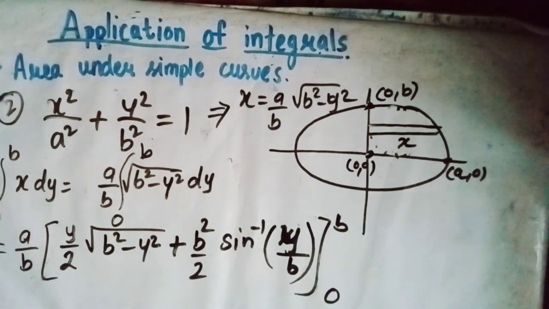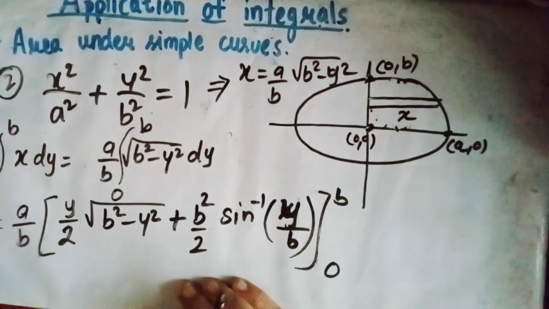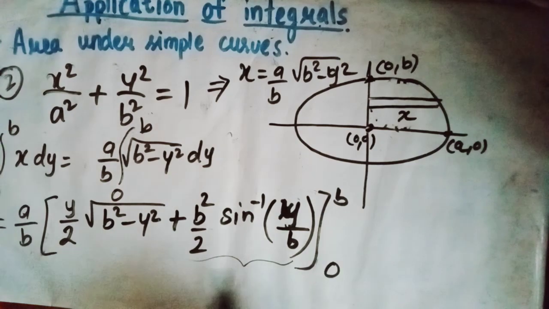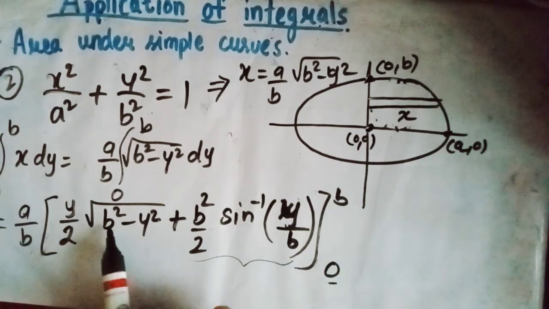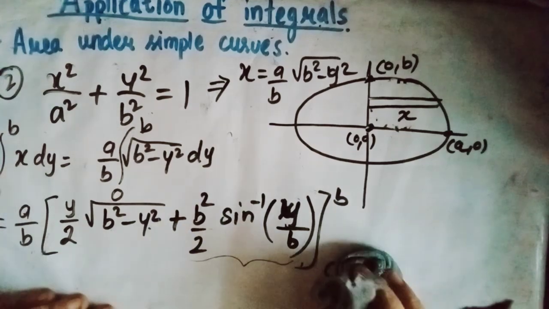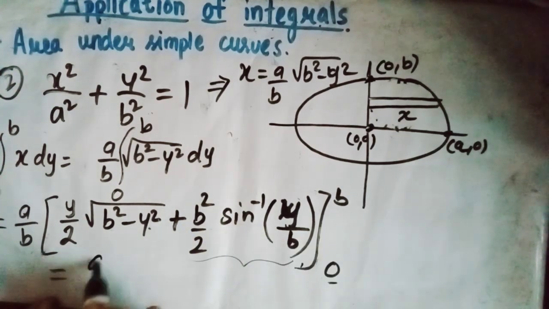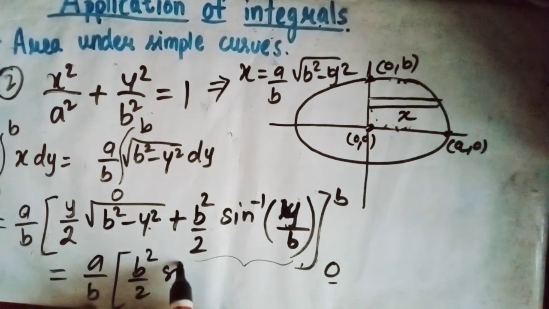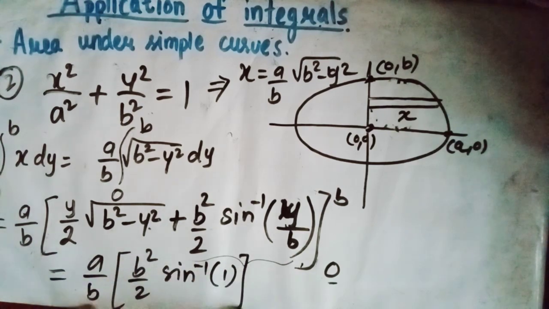Now you have to substitute the limits. In the previous one we got only this limit, and here also we will get only this limit, because the 0 part is 0 and when you substitute b in the first term, it becomes 0. Only this part remains: a by b into b square by 2 sine inverse of 1, and this is pi by 2.